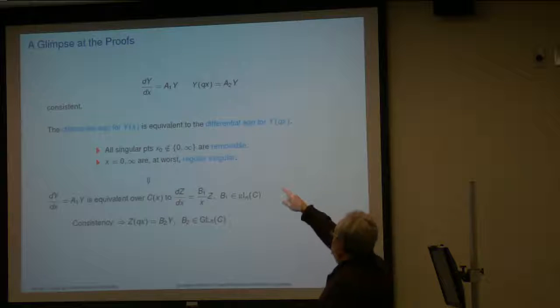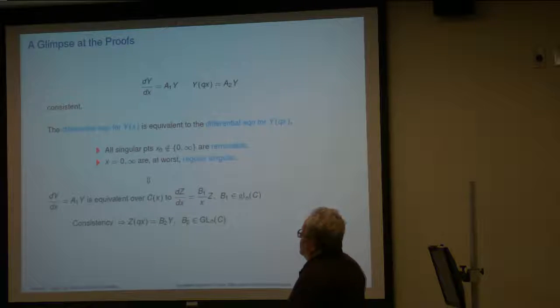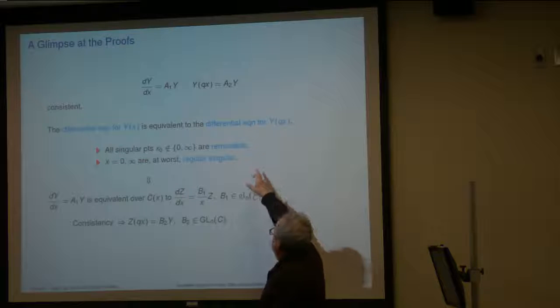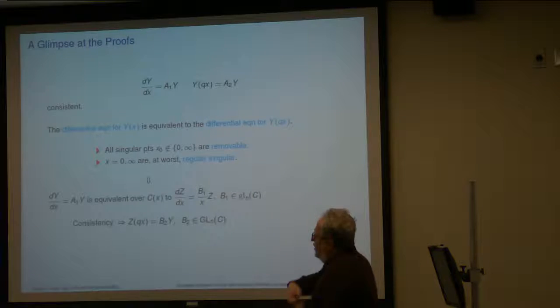This consistency condition says that the original equation is equivalent to lots of other equations. Their singular points are related to the original singular points. On the finite plane, they're removable. At infinity, there are so many symmetries that they have to be regular. And then you get this.